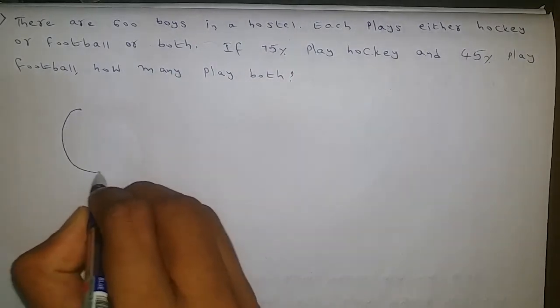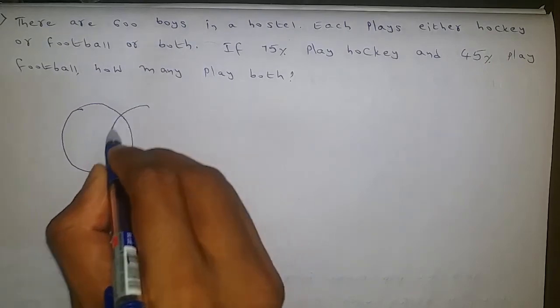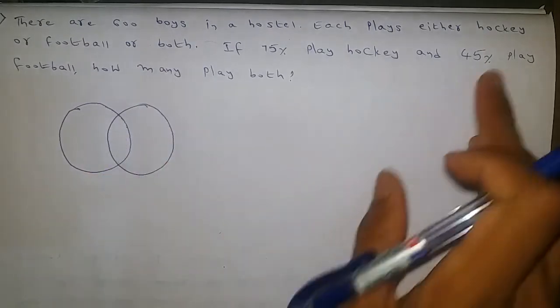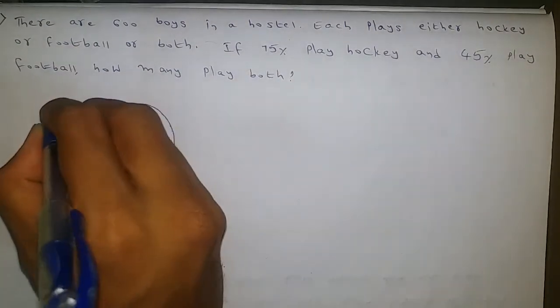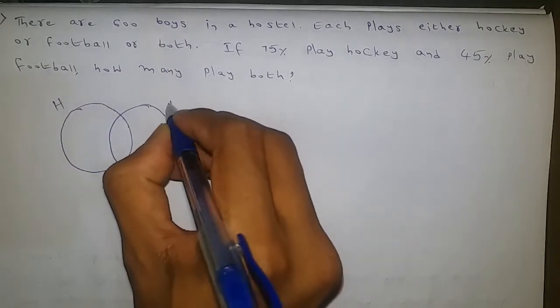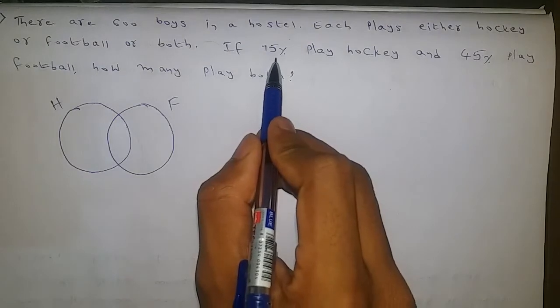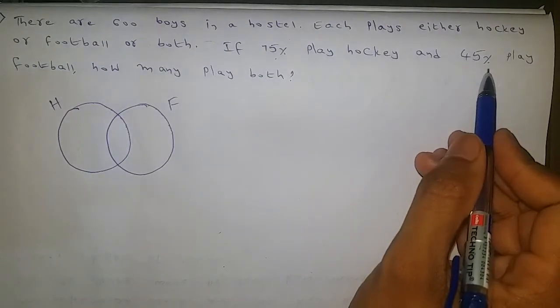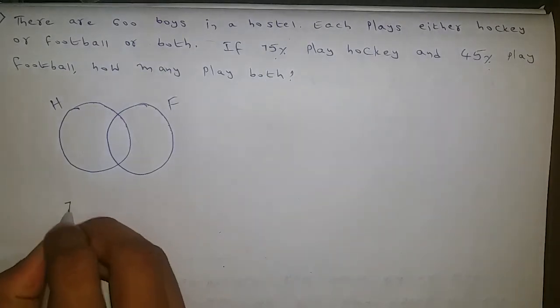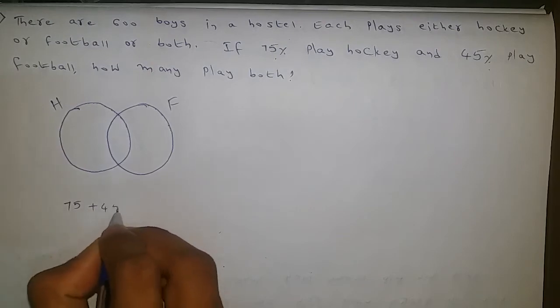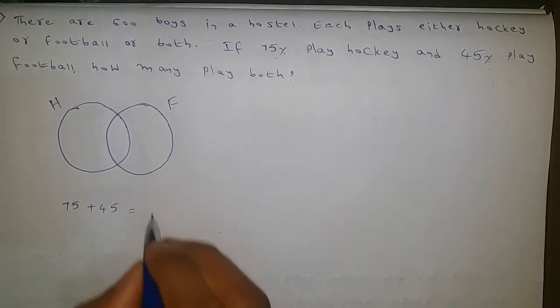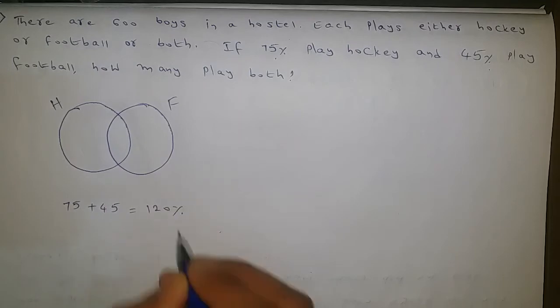Again I am going with the Venn diagram only. Here we have two games, hockey and football, so the first circle is for hockey and the second circle is for football. 75% play hockey and 45% play football. Adding both, 75 plus 45 equals 120 percentage.